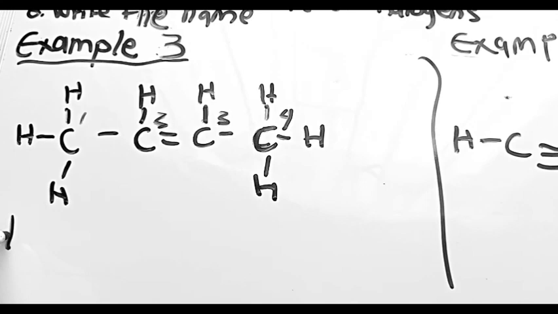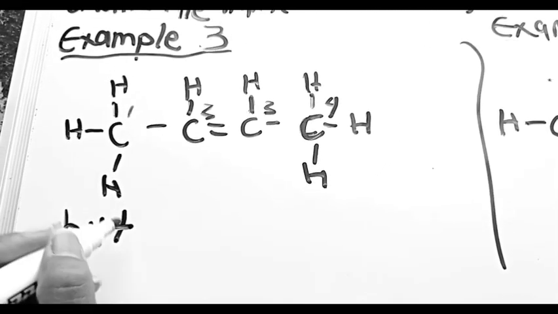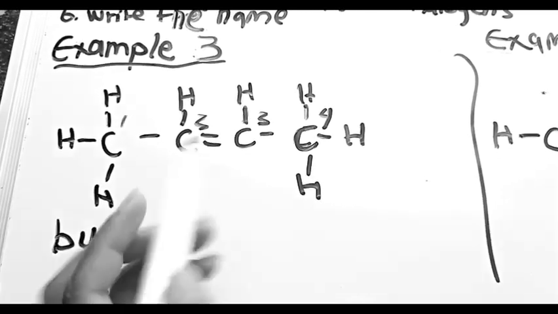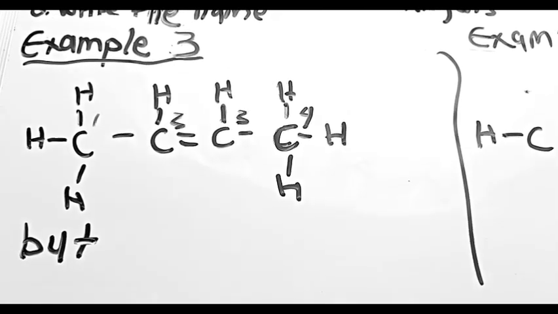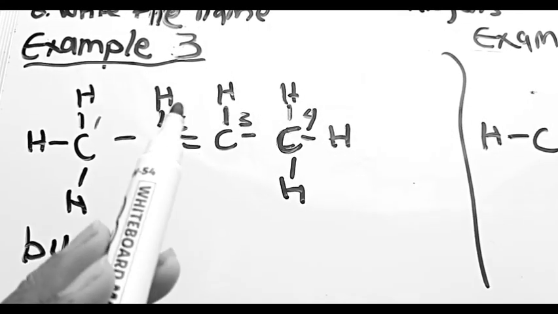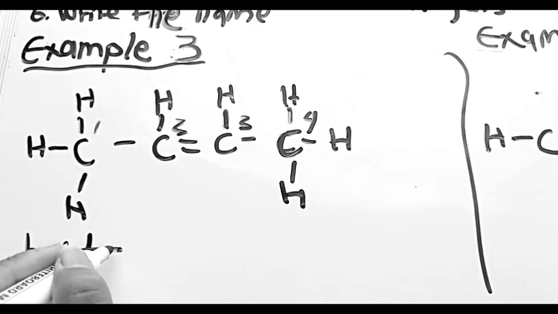So it's but, right? You have to indicate whether the double bond is bonded on which carbon, right? So it's number 1 and 2. So it means it has but-1.